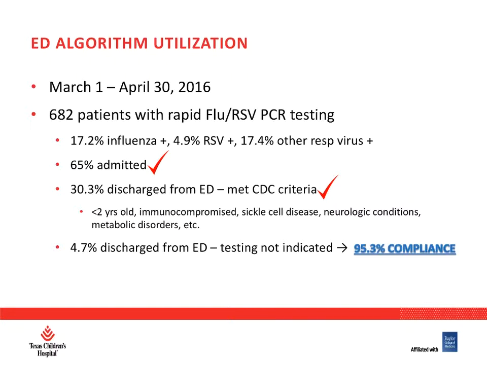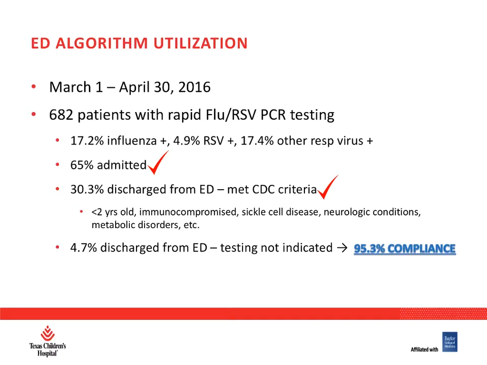So they were either less than 2 years of age, they were immune compromised, they had sickle cell, metabolic disorder, that sort of thing. So they met the criteria. So that's another check mark for that group. But then there was just less than 5% that were discharged from the emergency center, but they didn't meet any of those CDC criteria. So they had flu RSV testing, but they probably really shouldn't have.